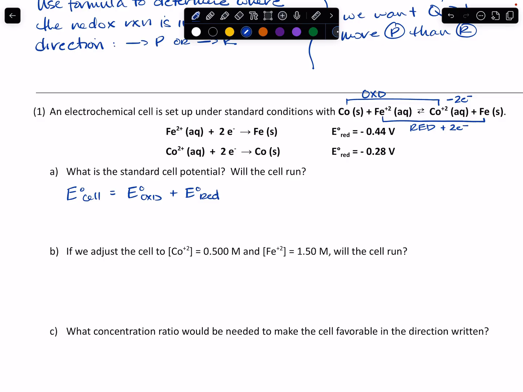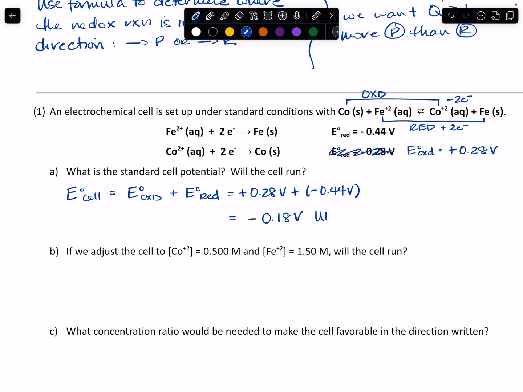That means the reduction potential for cobalt needs to be rewritten as an oxidation potential, so it's positive 0.28 volts versus negative. So we're not going to use this one. Coming back to our formula, we've got positive 0.28 volts plus negative 0.44 volts, giving an overall standard cell potential of negative 0.18 volts.